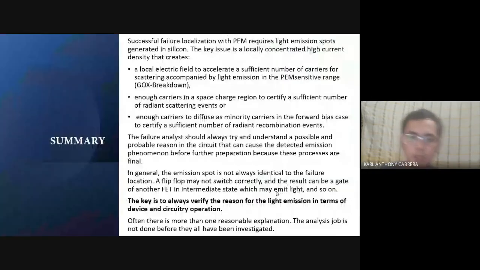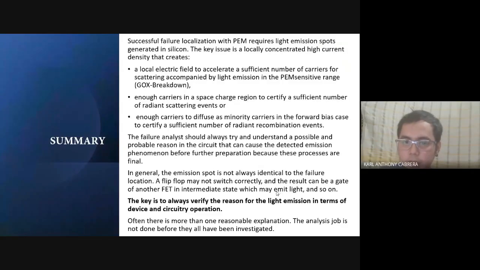For the summary, successful failure localization with PEM requires light emission spots generated in silicon. The key issue is a locally concentrated high current density that creates first a local electric field to accelerate a sufficient number of carriers for scattering accompanied by light emission in the PEM sensitive range, or the GOX breakdown.